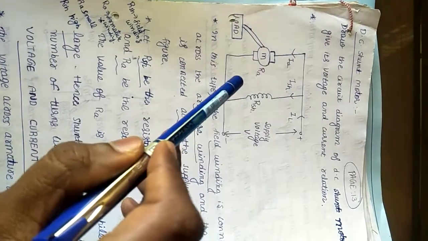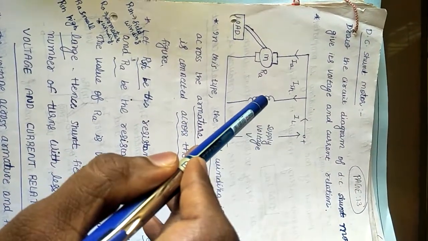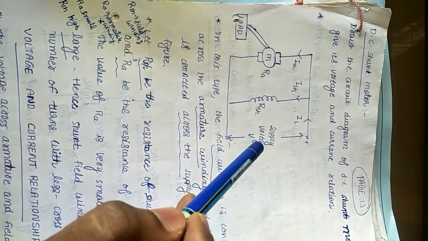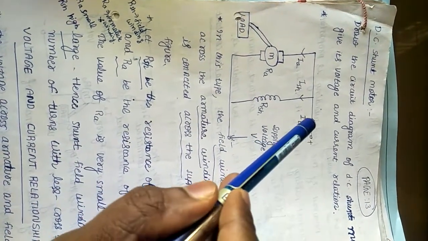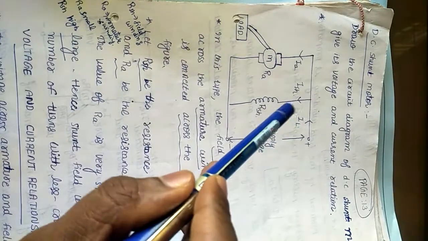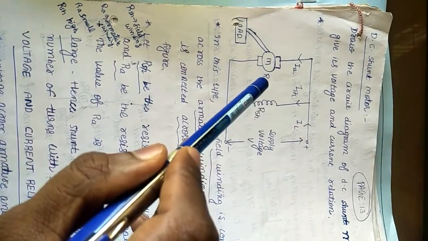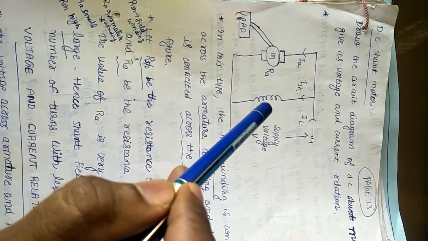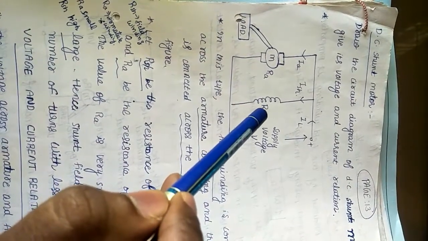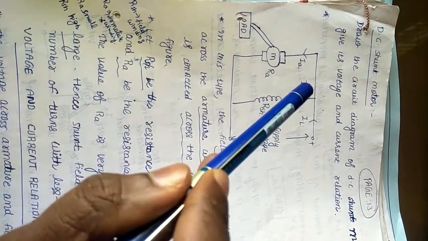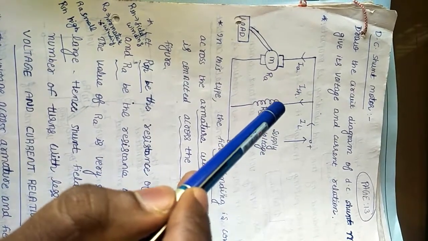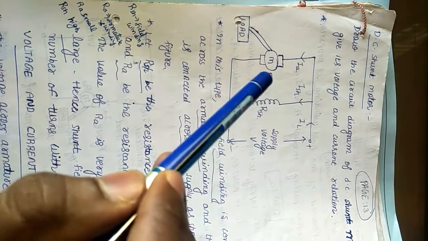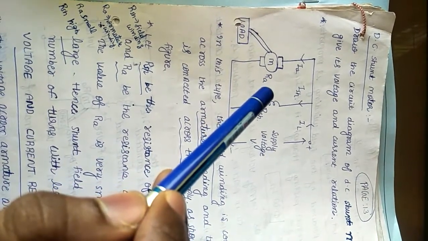Here you might observe the field winding is connected in parallel with the armature along with the supply voltage V. IL is the load current flowing into the field winding as well as the armature due to the supply voltage V. RSH is the field winding resistance. ISH is the current passing through the field winding. IA is the armature current. RA is the armature resistance.